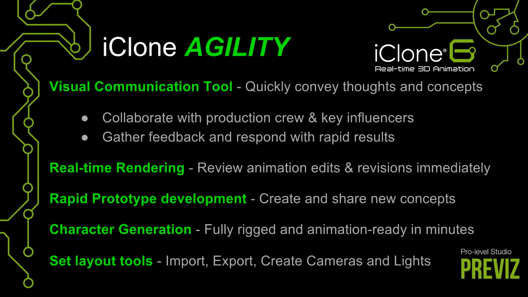This is a quick collaboration with production crew and key influencers. That could be producers, that can be directors, that might be the director of photography. We'll talk about why that's important. And then also to gather the feedback from these groups and respond with rapid results. So it's very much about speed and why use iClone, because it's fast and it's simple for a lot of these concepts to be developed.